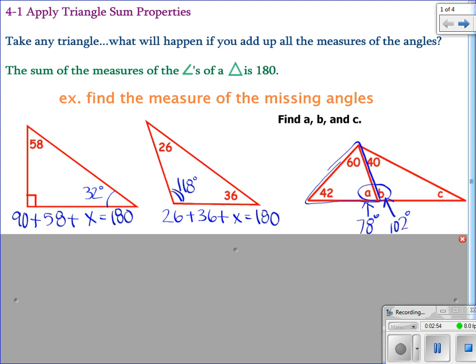We know they all have to add up to 180, so we got 40 plus 102 plus C has to equal 180. So angle C is 38. Questions?